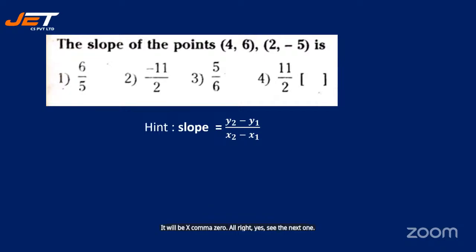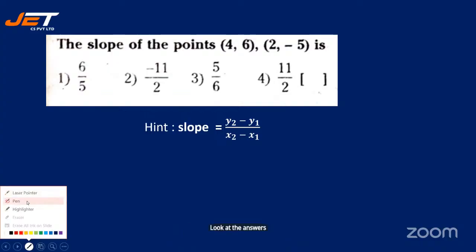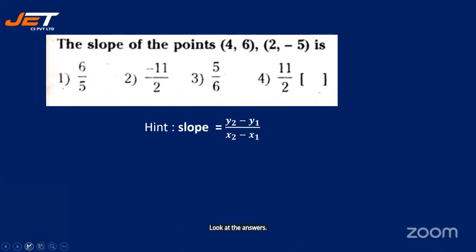The slope of the points 4 comma 6 and 2 comma minus 5 is dash. So this can be worked out as y2 minus y1 by x2 minus x1. Let me work it out. X1, y1, x2, y2.